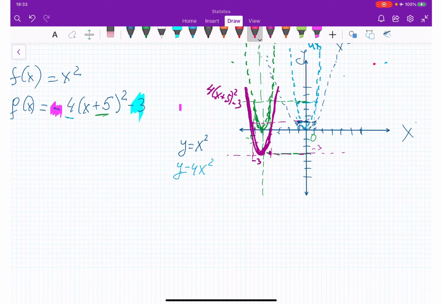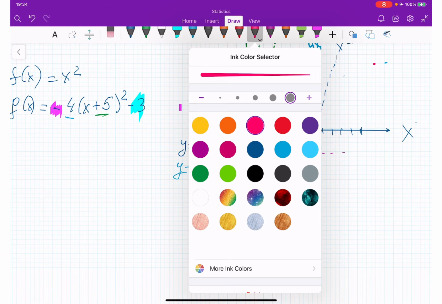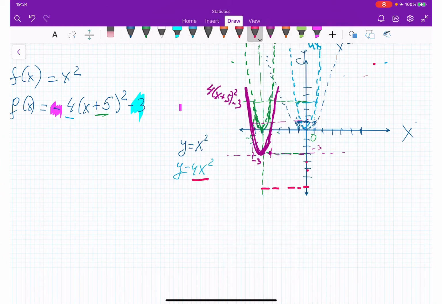So negative shows the graph is going to flip towards negative. So 1, 2, 3, 4, because instead of positive 4x squared, now we will have negative 4x squared. So it's going to come here, and let me graph this point and this point.